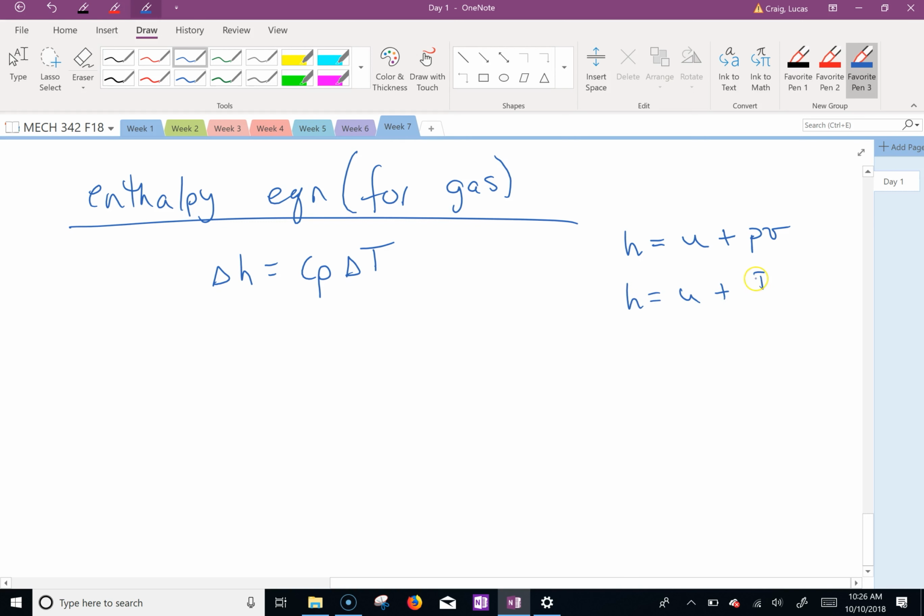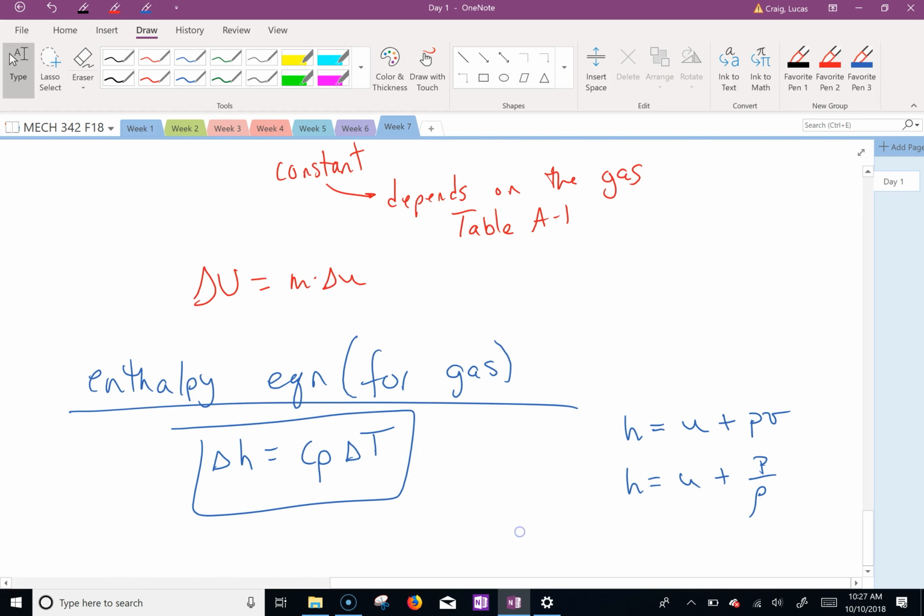You could also write that as P over rho. So it kind of makes sense that the change in enthalpy of a system for a gas is a constant, but it has to be a new constant because H is dependent on internal energy and another function. Okay? So these two equations are very, very important.